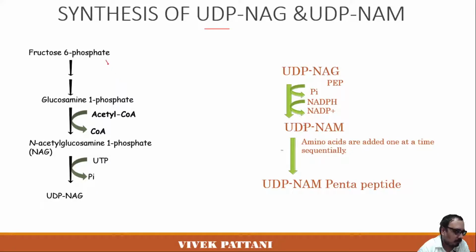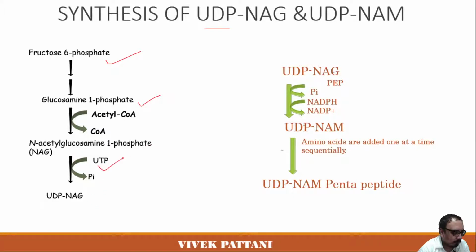It is formed from fructose 6-phosphate, which is converted into glucosamine 1-phosphate. In the presence of acetyl CoA, which is converted into CoA, N-acetylglucosamine 1-phosphate is formed.